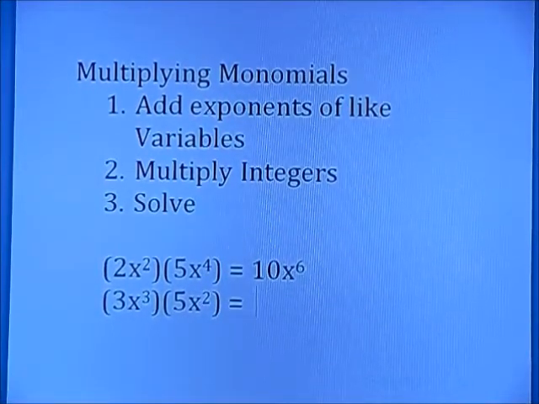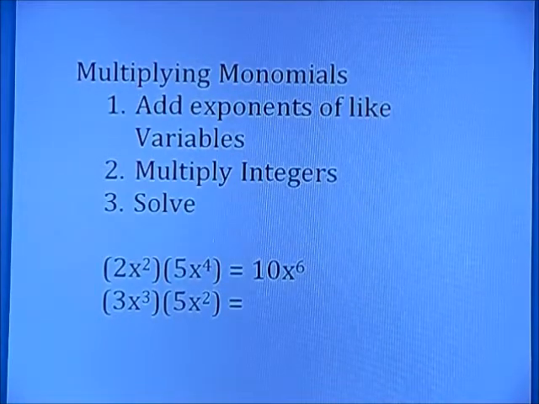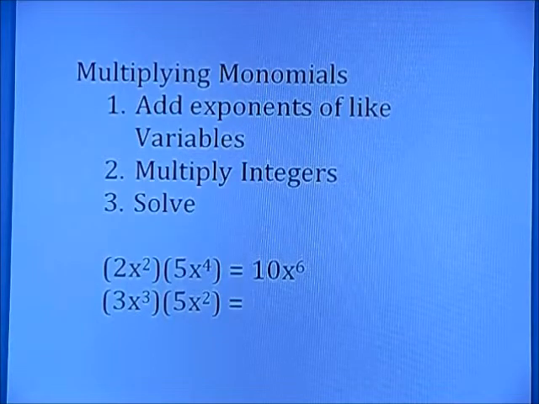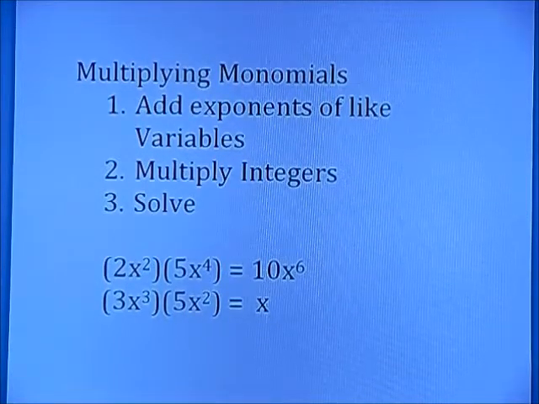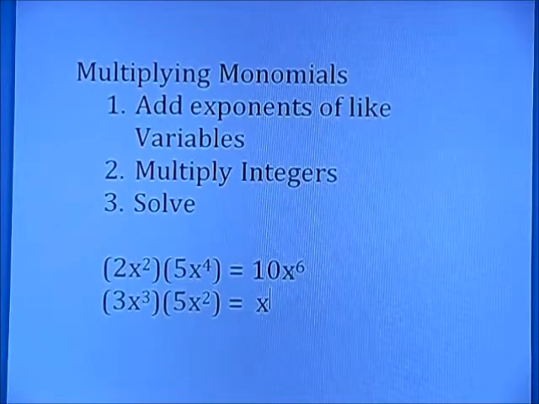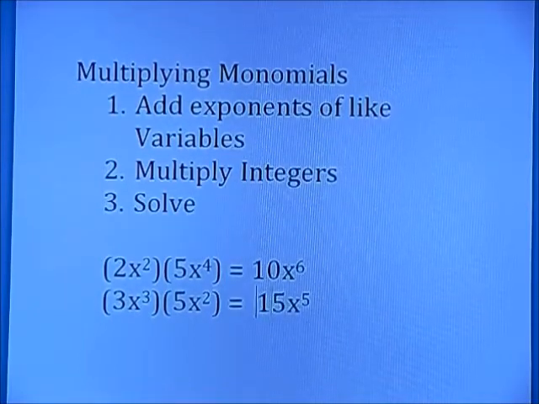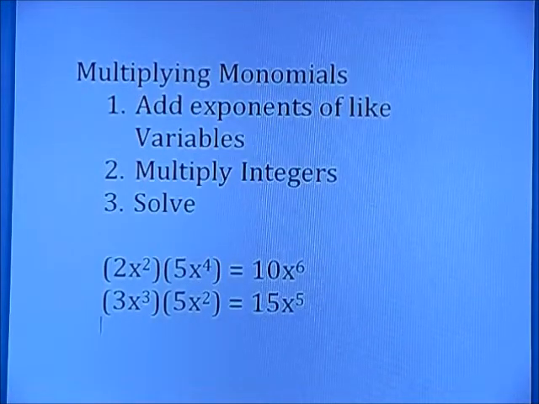What is 3 plus 2? It's 5. So you're going to get x to the fifth. Now what is 3 times 5? 15x to the fifth. And we're done. Don't need to do anything else. That's your answer.